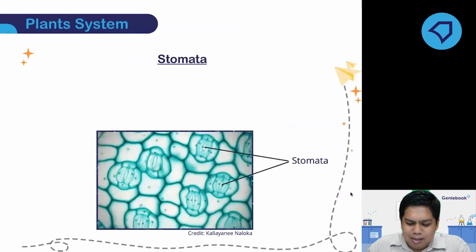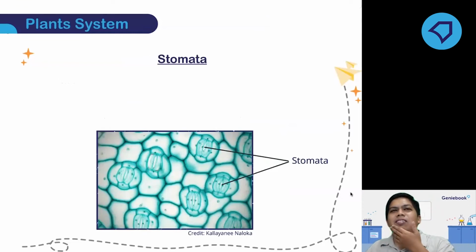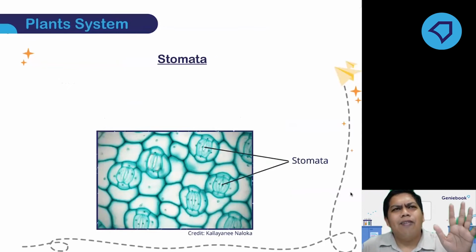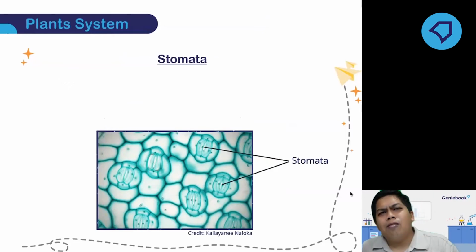So let's go into more detail. Look at this very interesting picture over here. Who actually has a microscope at home? Oh, quite a number of you. Okay, interesting. If you have a microscope at home, you can take a part of a leaf.